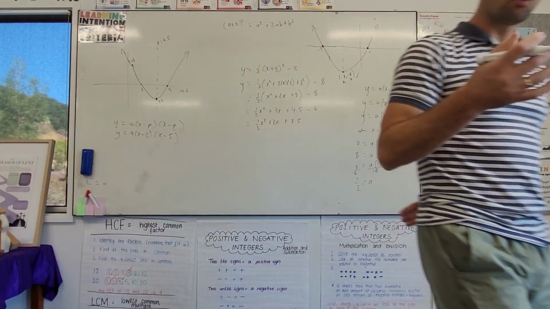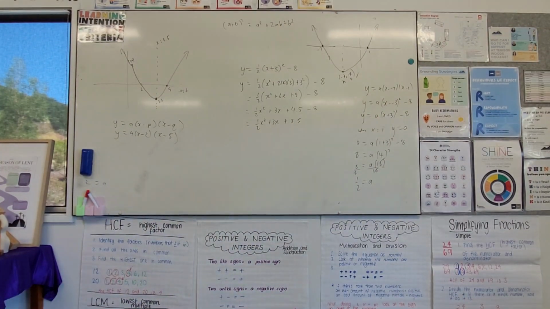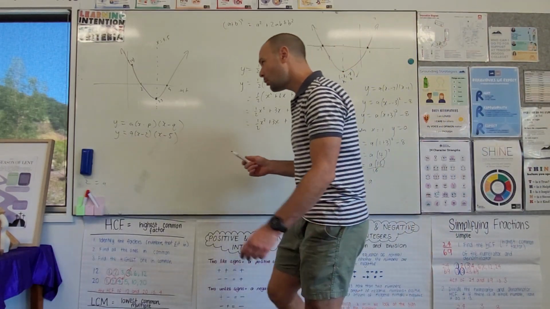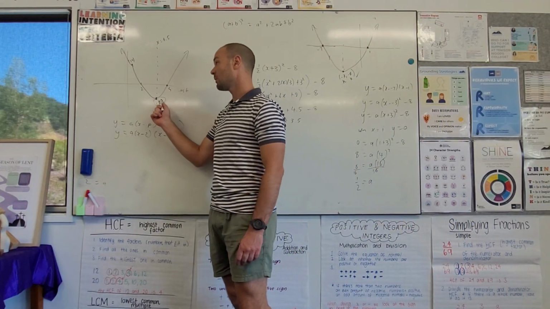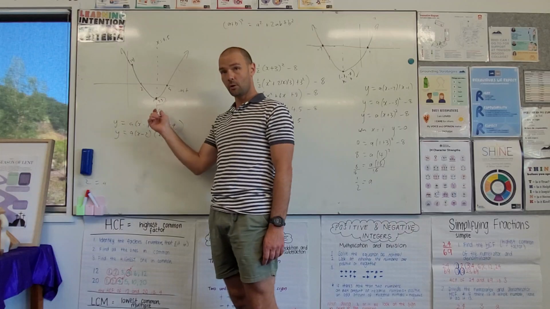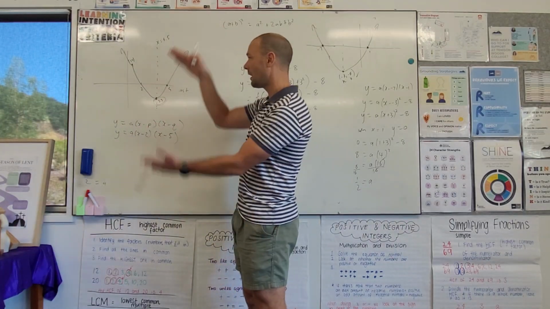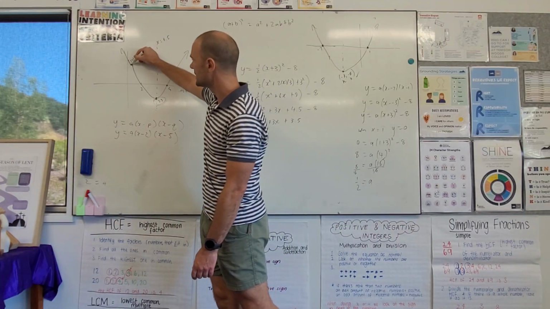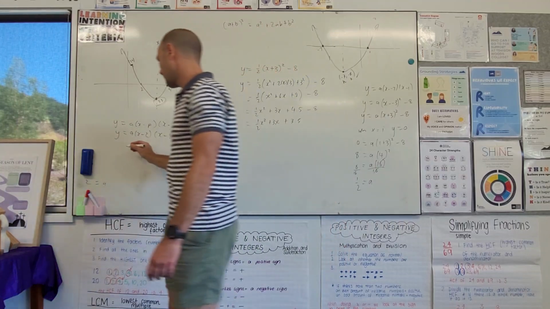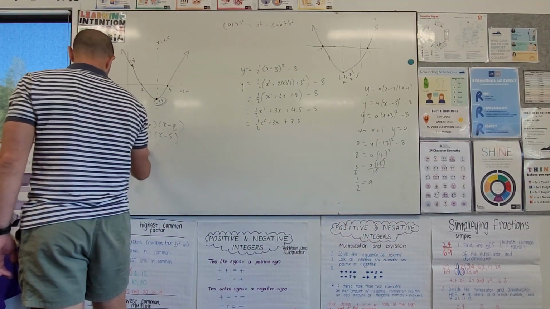And now we need to put another piece of information in. Now, we can't put x is 3.5 in because we don't know that y value. We know the x value, but we don't know how far down that y value is. So we have to use this piece of information up here. We have when x is 1, y is 4.